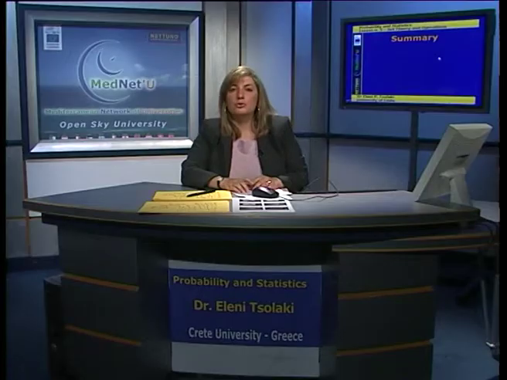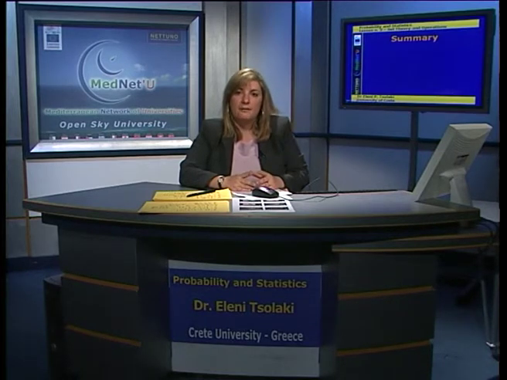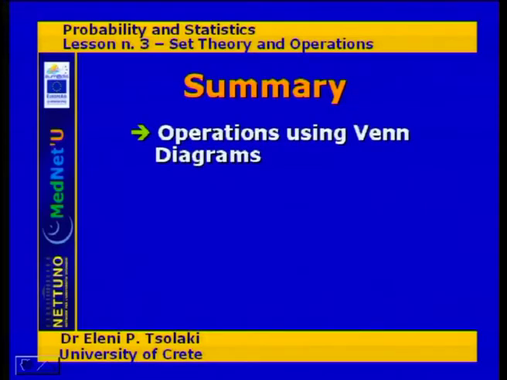So, today we have seen how to work with sets, how to do operations with sets, and we have seen all this graphically using Venn diagrams. We saw operations using Venn diagrams graphically.